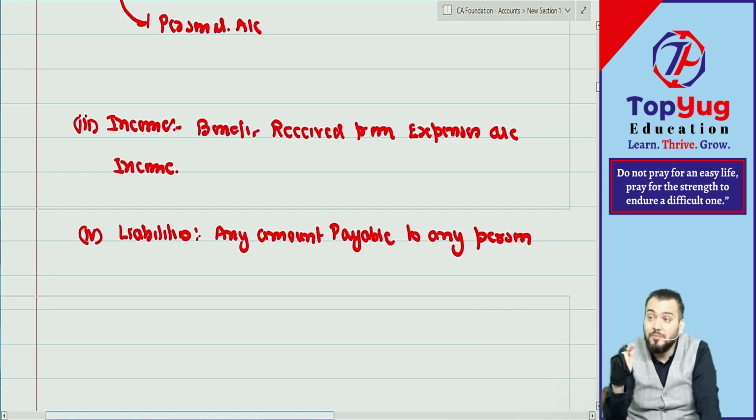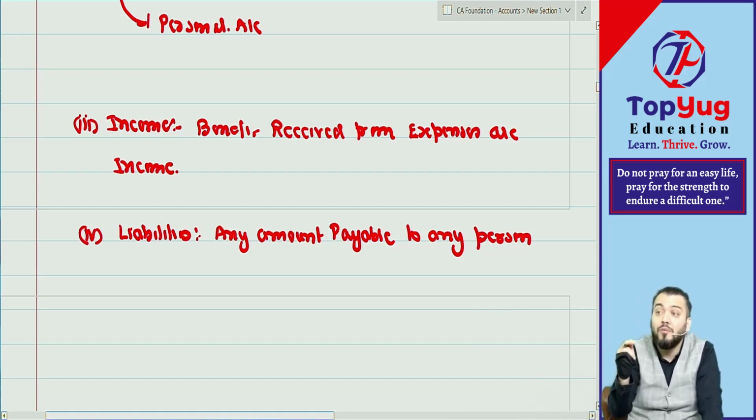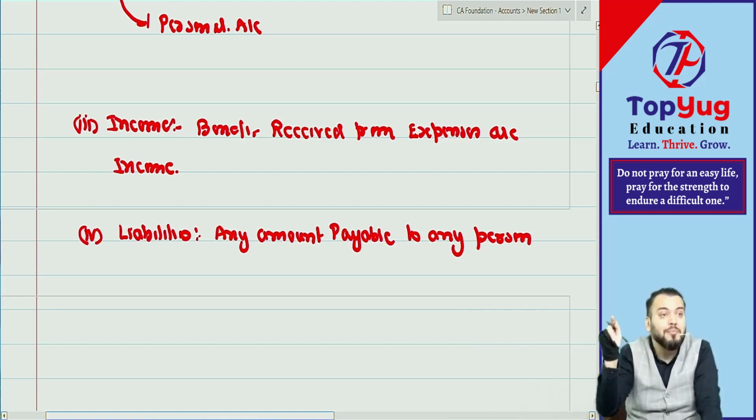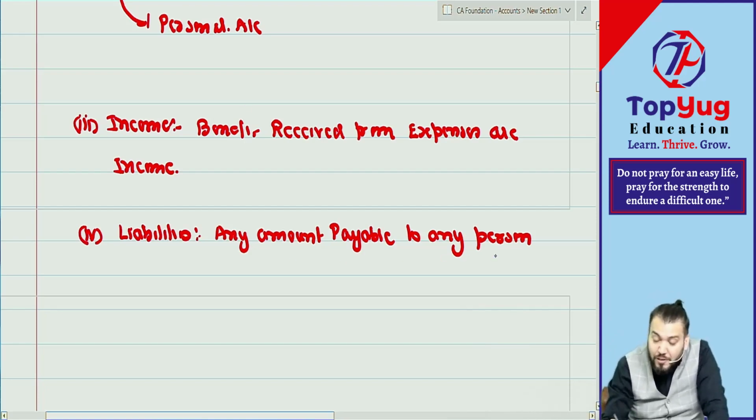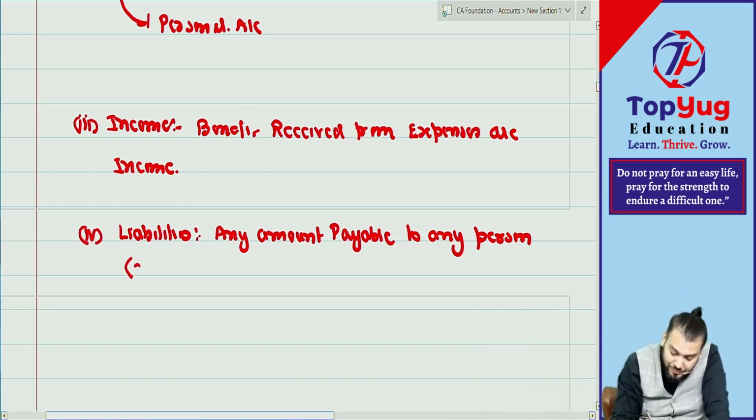Understood? So if Ram and Company will pay some amount to Ram, then it is capital. But if Ram and Company will pay some amount to Shyam, then it is liability. Understood? So any amount payable to any person other than owner are liabilities.